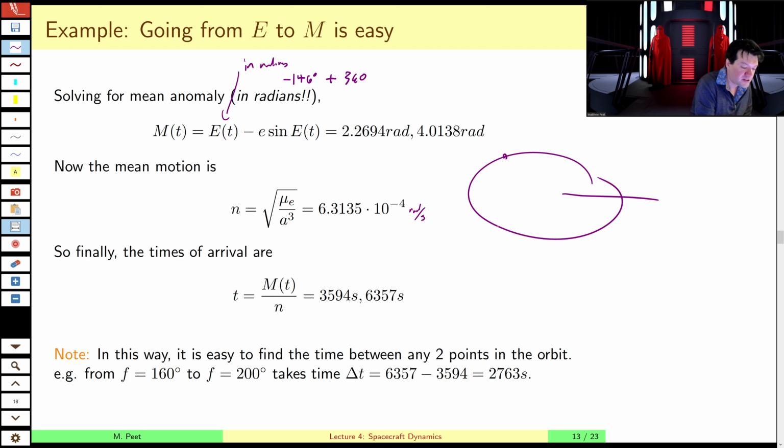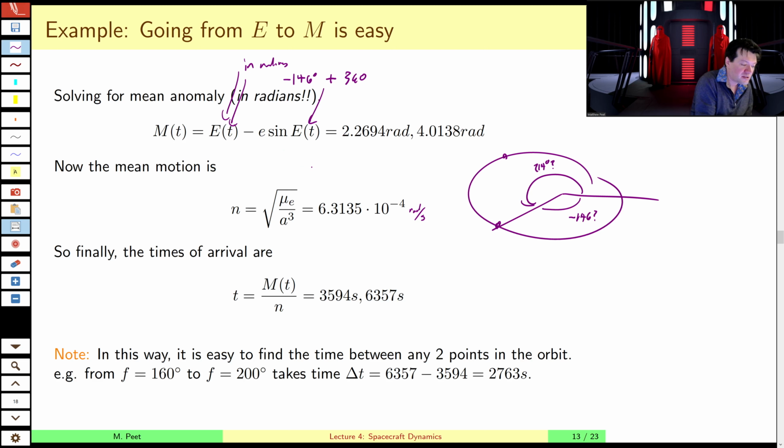So there's an ambiguity in this angle here, right? Is this negative 146, or is it positive 214? We've chosen positive 214, converted it into radians, and then we plug it into Kepler's equation here.